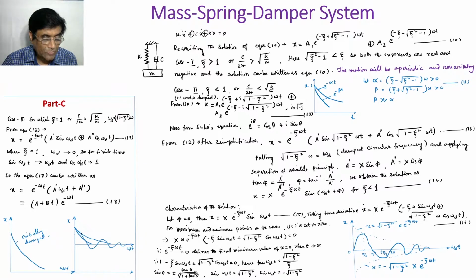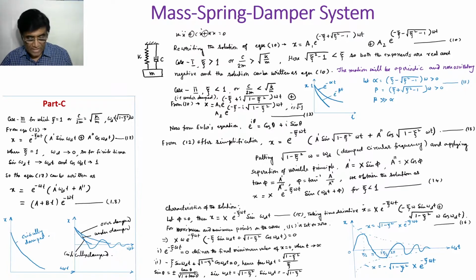So if I try to plot all three in one plot, then this is overdamped, this is underdamped, and this is the critically damped situation.